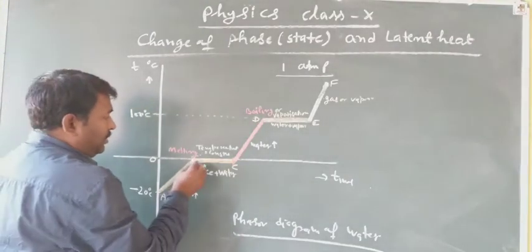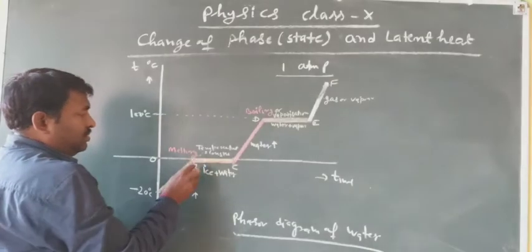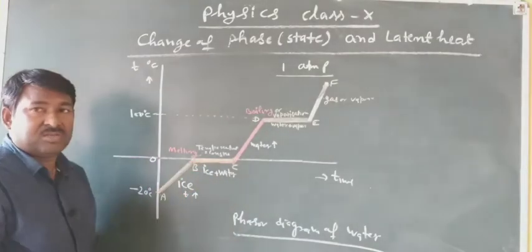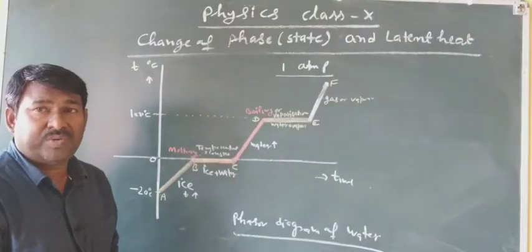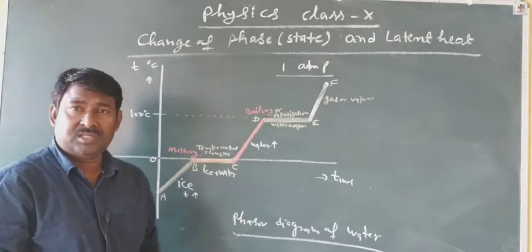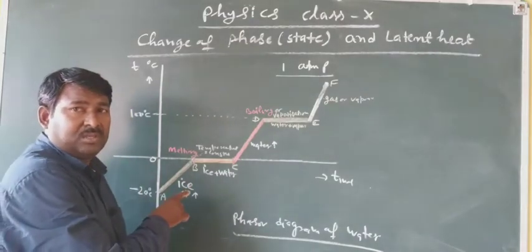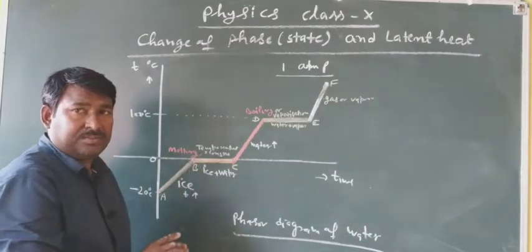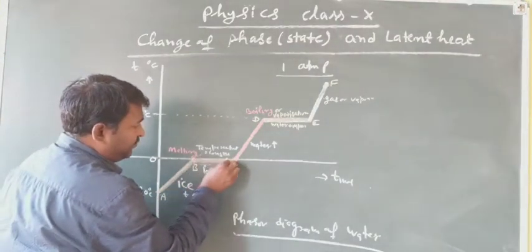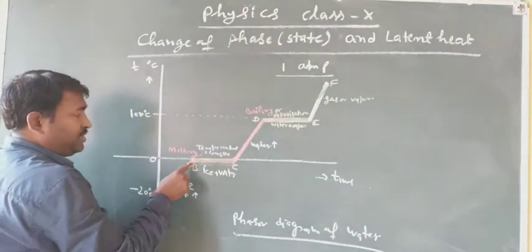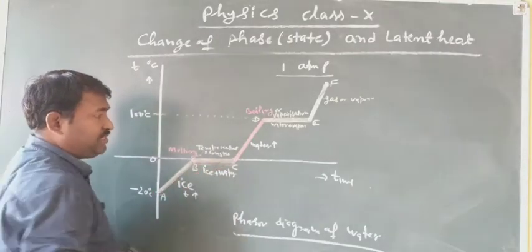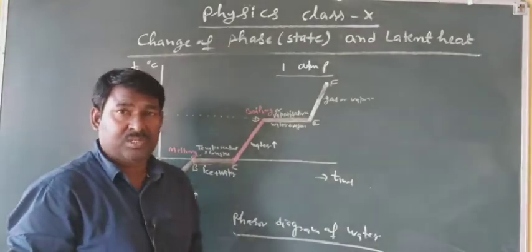Now once melting starts, the temperature remains constant even though we are continuously supplying heat, but still the temperature does not change. Thus during the change of state, the process of melting is shown in the diagram by this BC, step B to C.